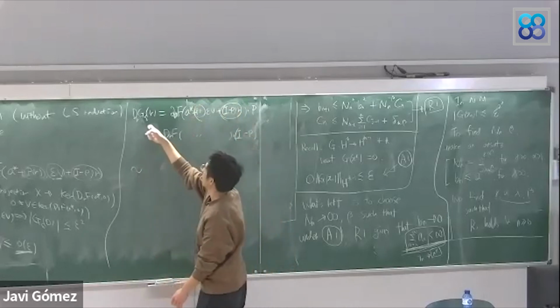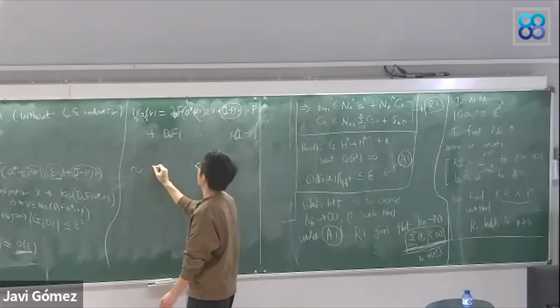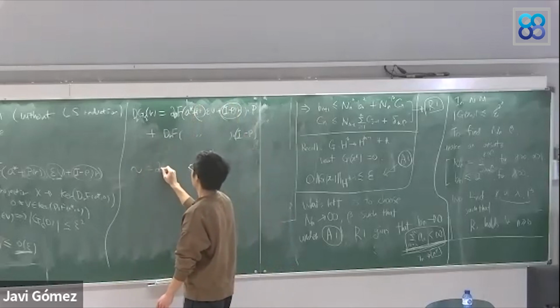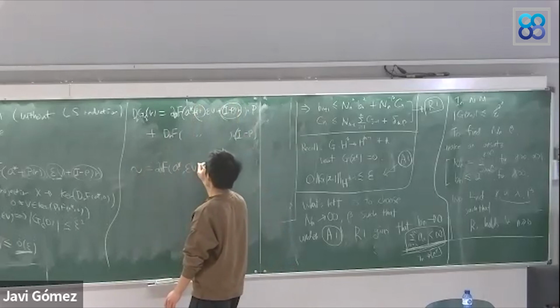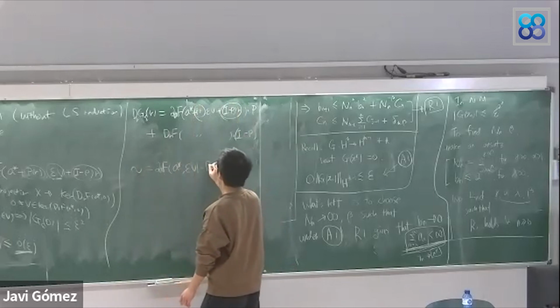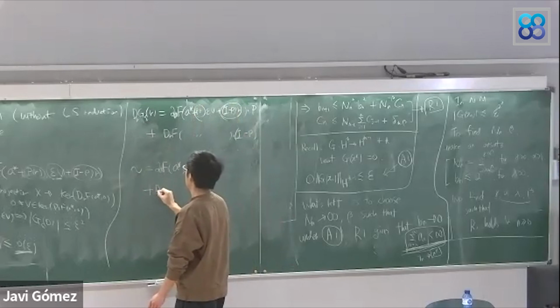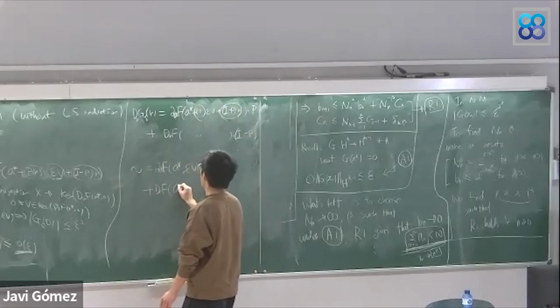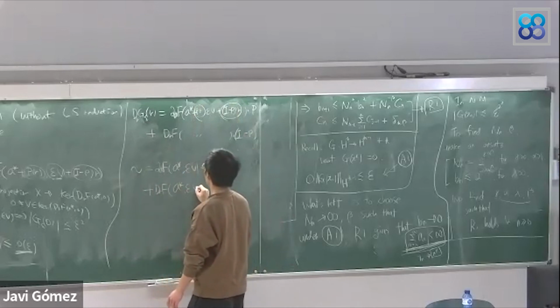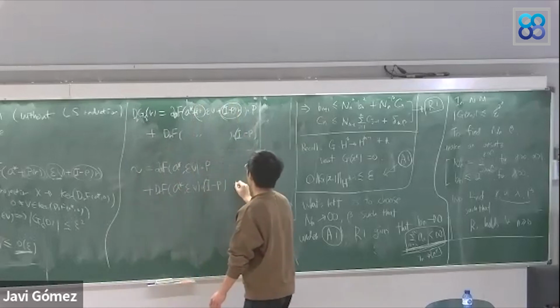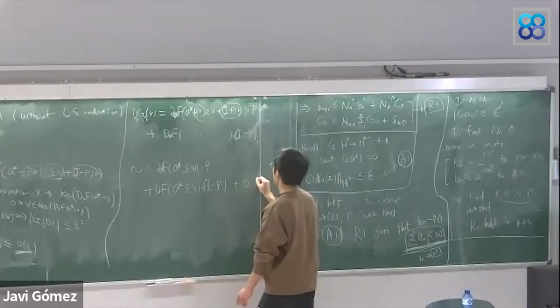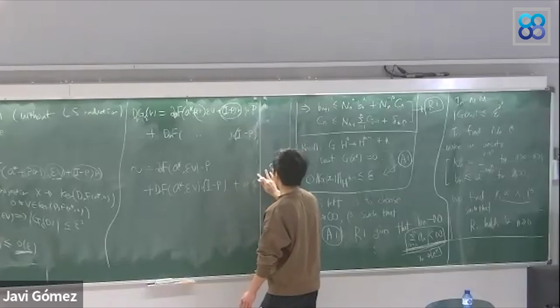So we approximate this linearized operator with partial A of F of A star epsilon V plus V R of F A star epsilon V. Of course, the error is going to be small o of epsilon.